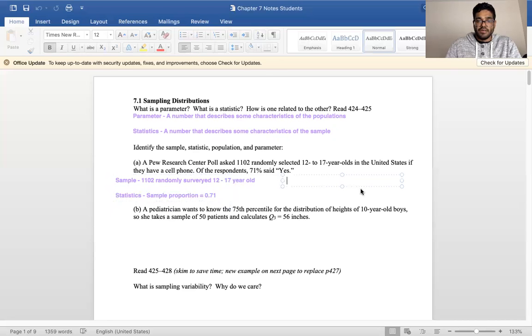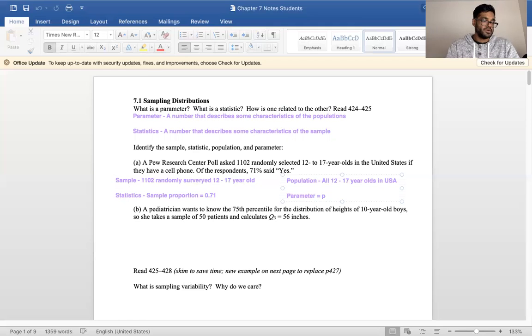And then we have your population, which is all 12 to 17-year-olds in the USA. And the parameter that we're trying to find is p, right?